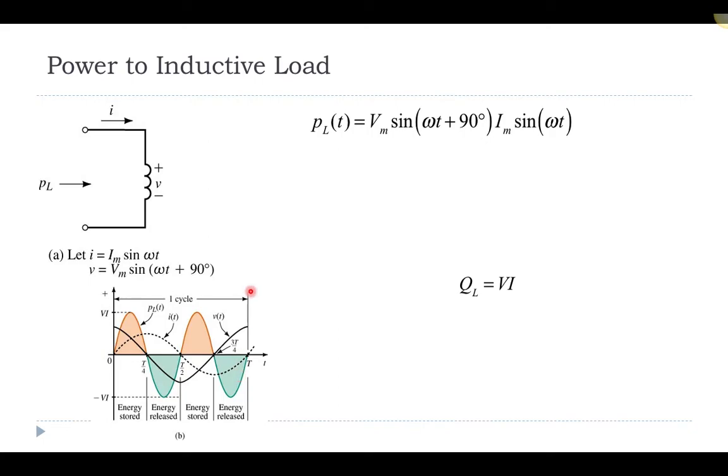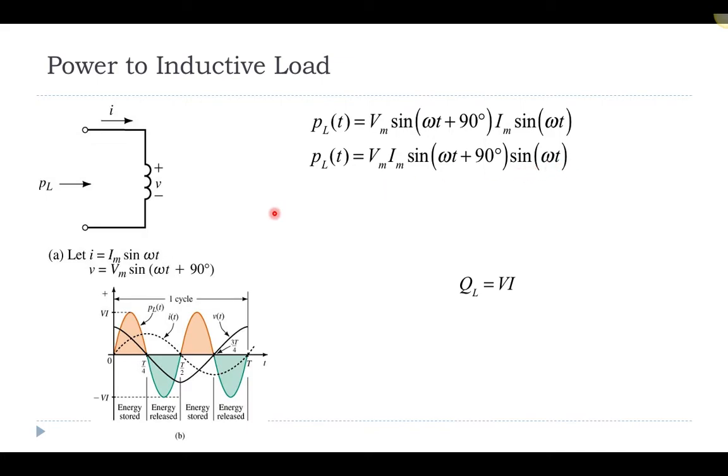So if we look at this a little more carefully, we can write down that the power is the voltage times the current, where the voltage leads the current. I can pull out the amplitudes, and I can write this as sine with a phase angle of 90 times sine with a phase angle of 0.